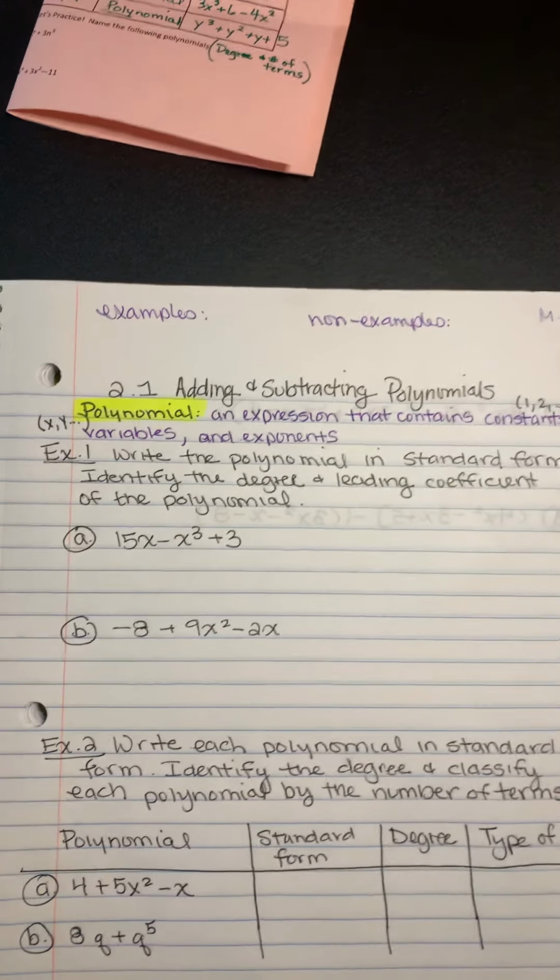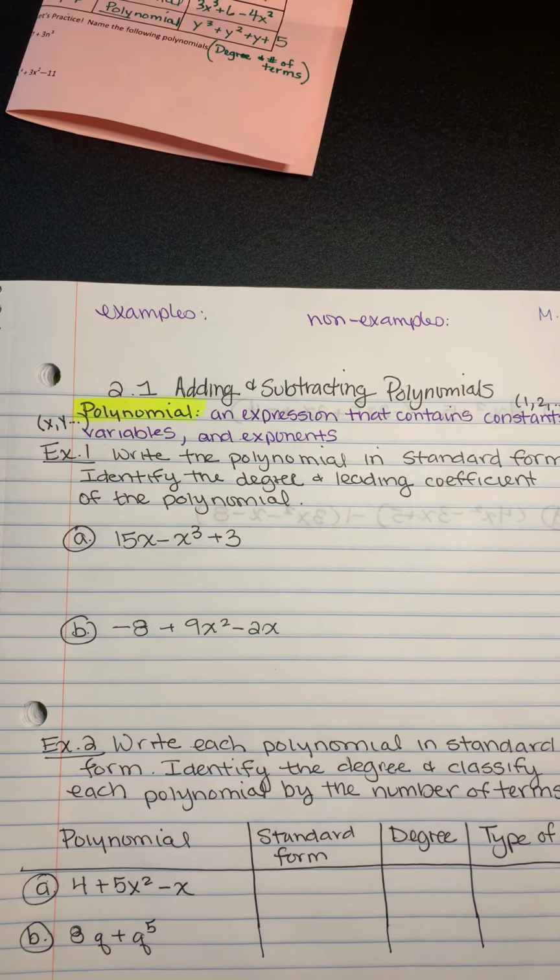But let me talk about standard form. A polynomial in one variable is in standard form when the exponents of the terms decrease from left to right. So we want to start with the largest exponent, and then from left to right, it's going to be in descending or decreasing order.